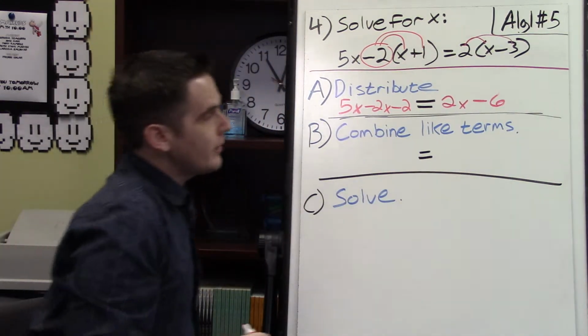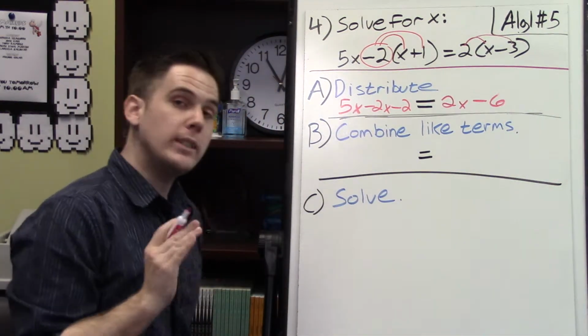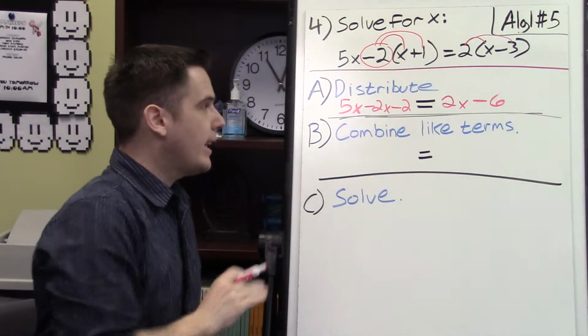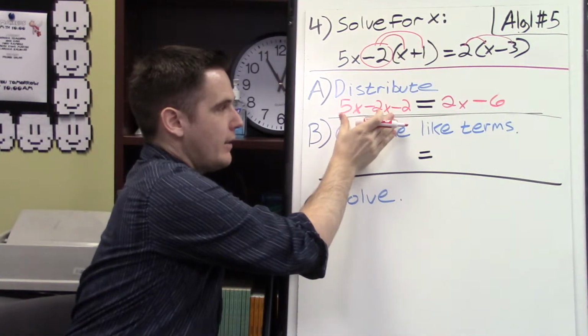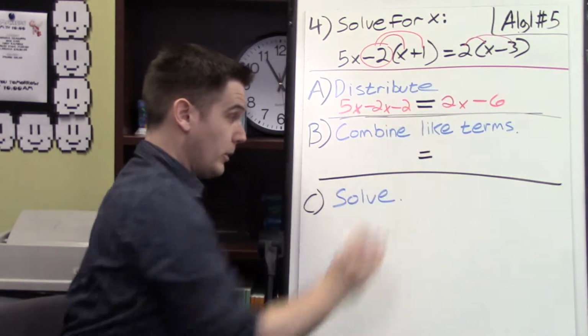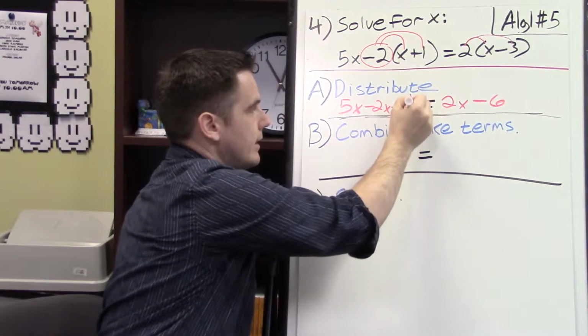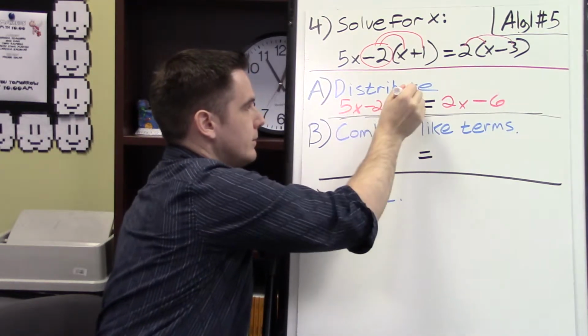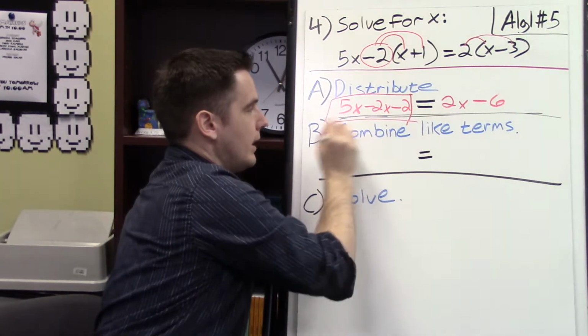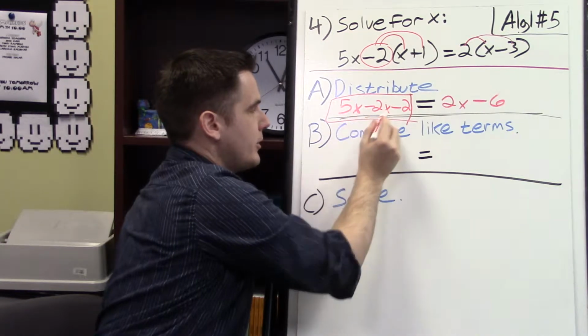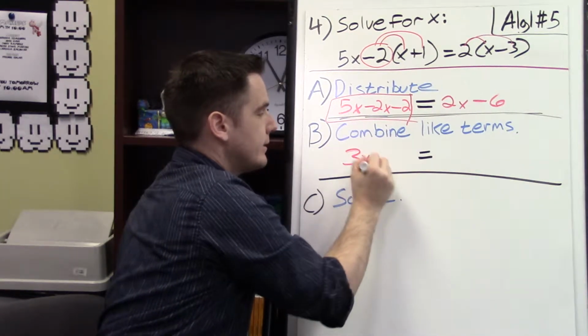Now we're going to combine like terms, but only combine like terms that are on the same side of the equal sign. Let me show you what that means. Just looking at this side, combine like terms. 5x minus 2x is 3x.